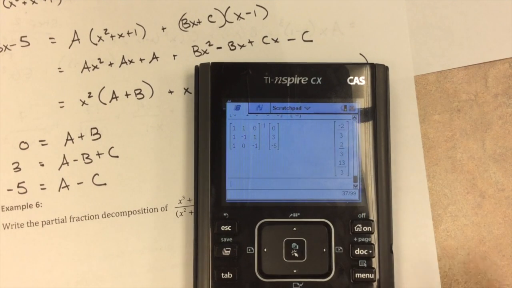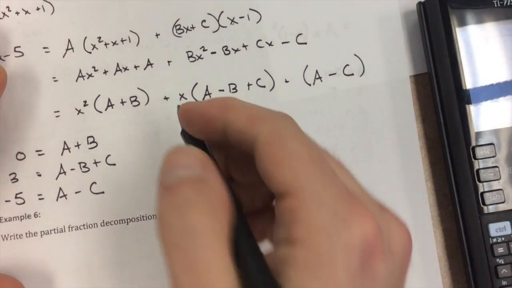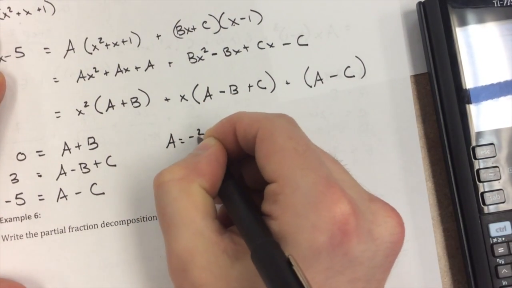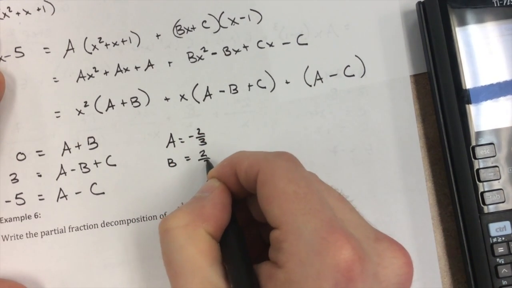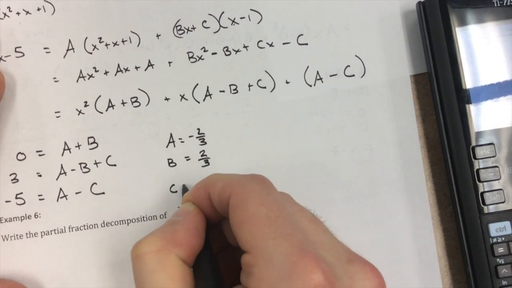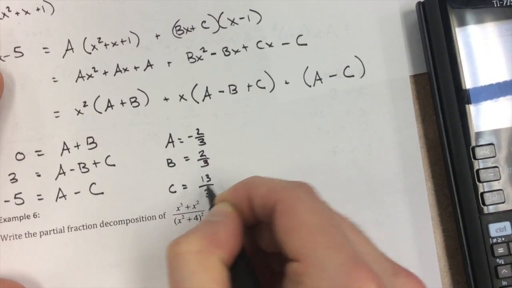If I did this by hand, I'd be afraid because I get fractions. So A is negative 2/3, B is 2/3, and C is 13/3.